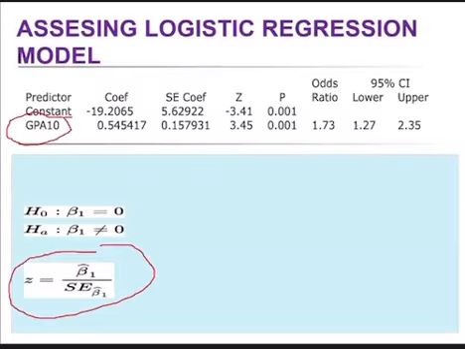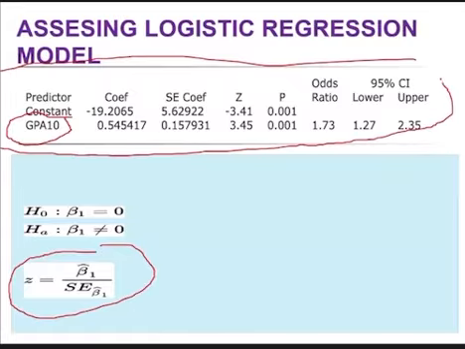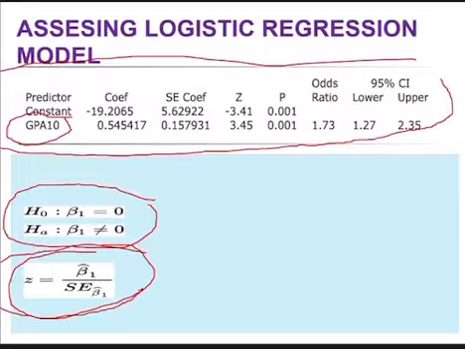The performance is categorical, and we can categorize it into two, binary: whether the student is going to pass or fail. We have this output that we generated, and we want to test this hypothesis. In testing this hypothesis, we're going to make use of this Z value, not a T test. We're going to conduct a Z test. Of course, the Z test and the T test have the same formula.